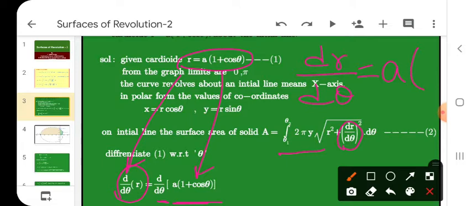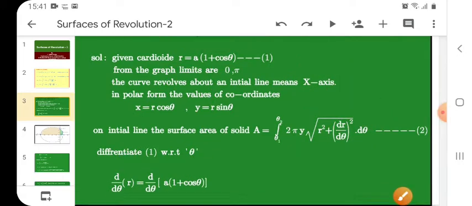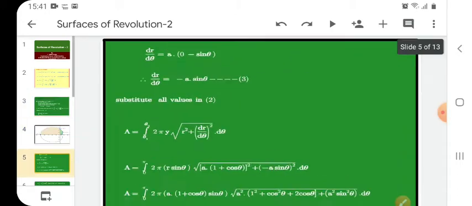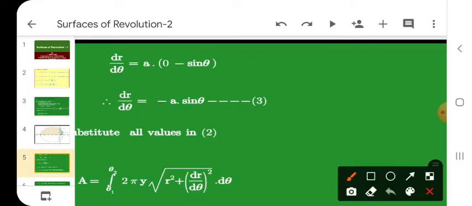What is the differentiation of 1? 0, and cos theta differentiation is minus sin theta. Therefore, the dr by d theta value is minus a sin theta.